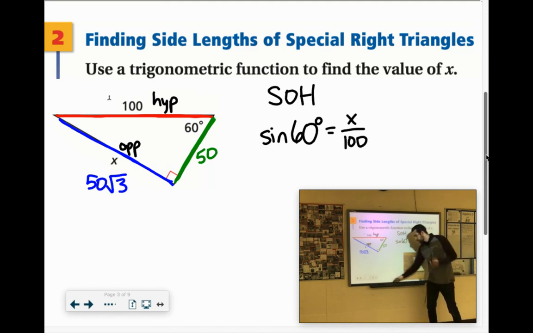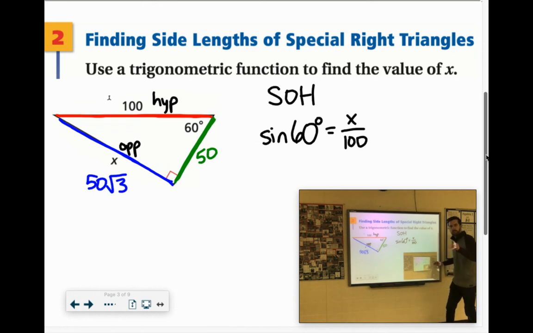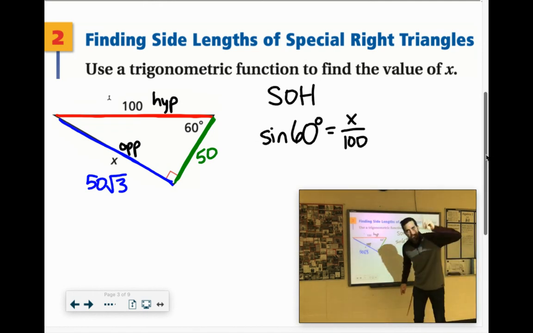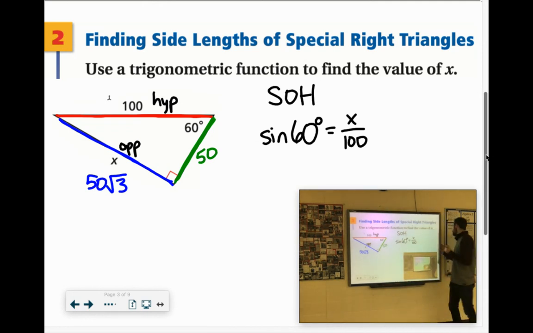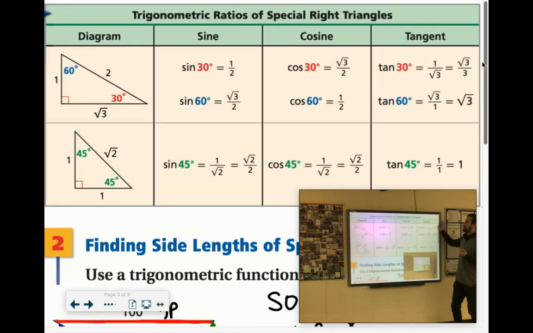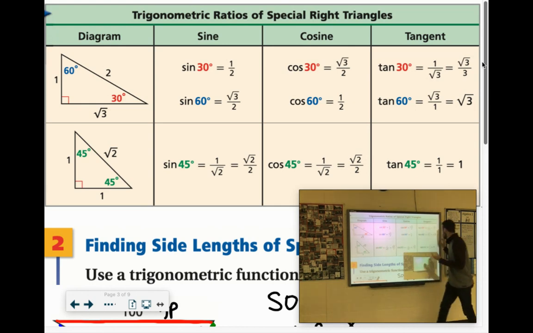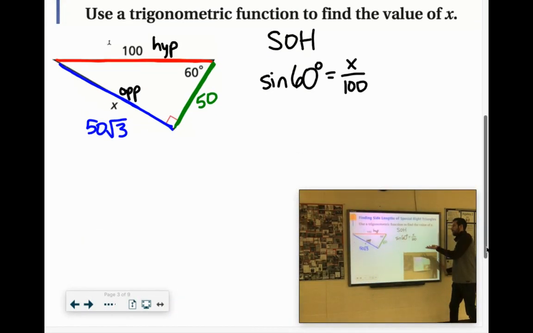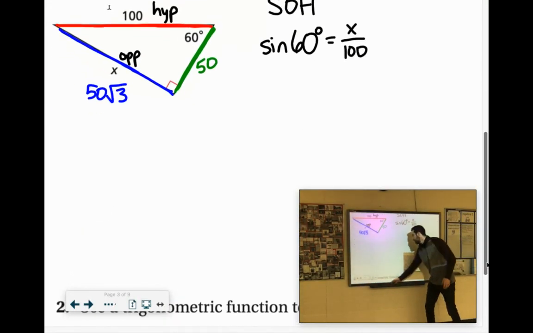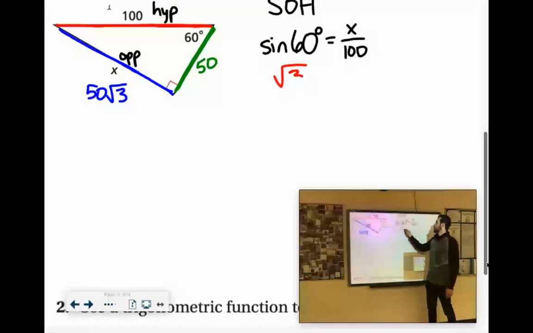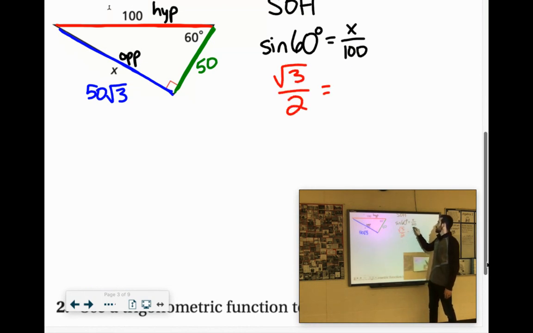And then they would say, well, look at your chart, the chart that you're going to memorize. And they would say the sine of 60 is equal to root 3 over 2. So you're like, great, I'll just replace sine of 60 with root 3 over 2 equals x over 100.